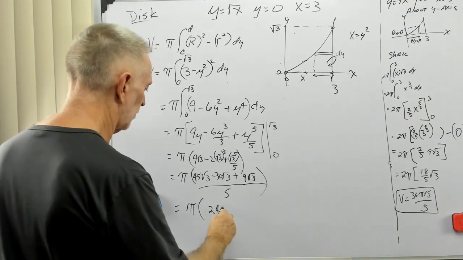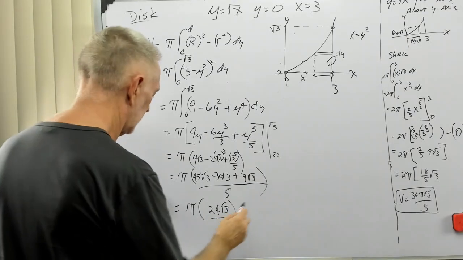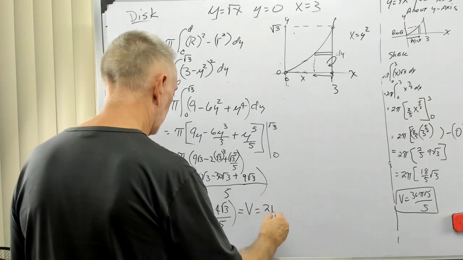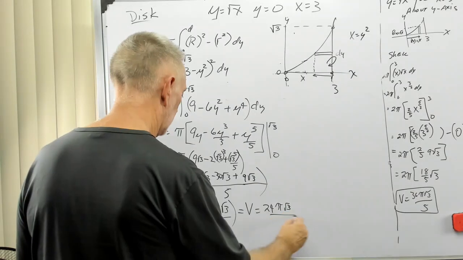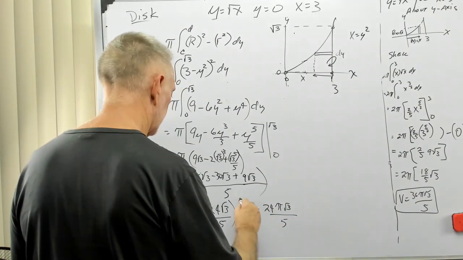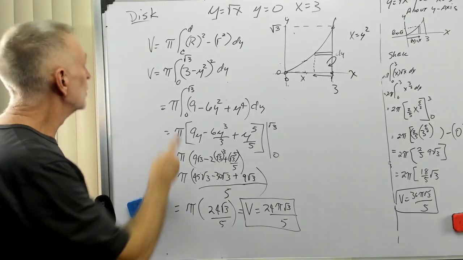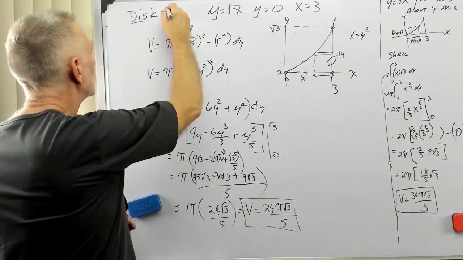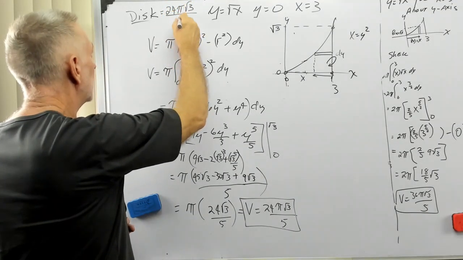So I have 24 square root of 3 over 5 times pi. So my volume equals 24 pi square root of 3 over 5. So that was using the disk method.